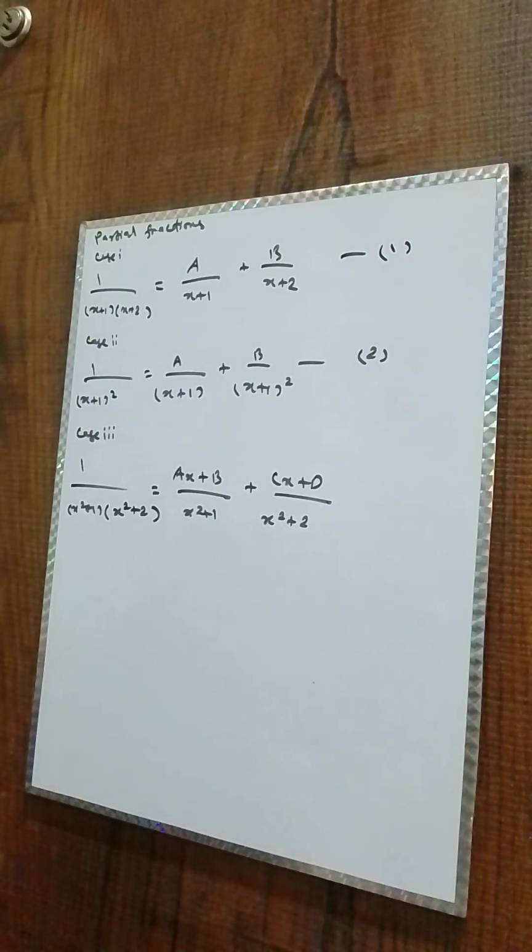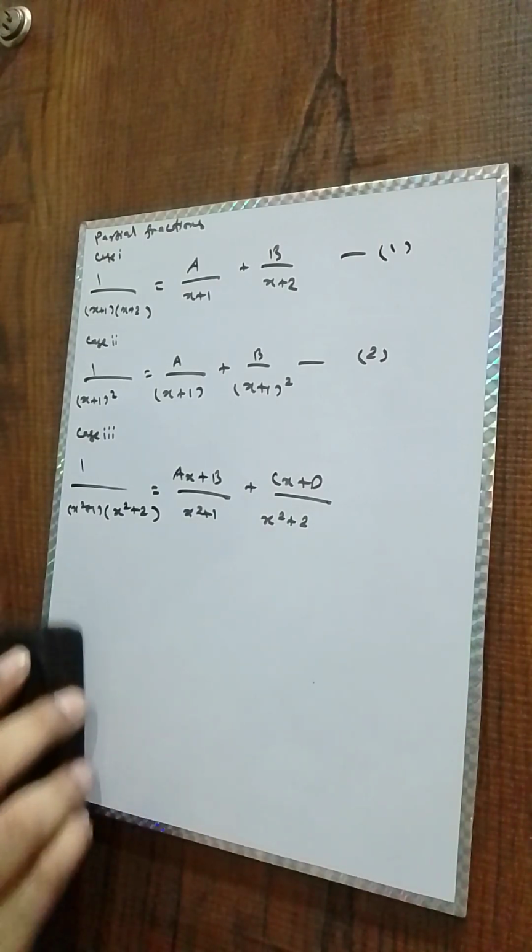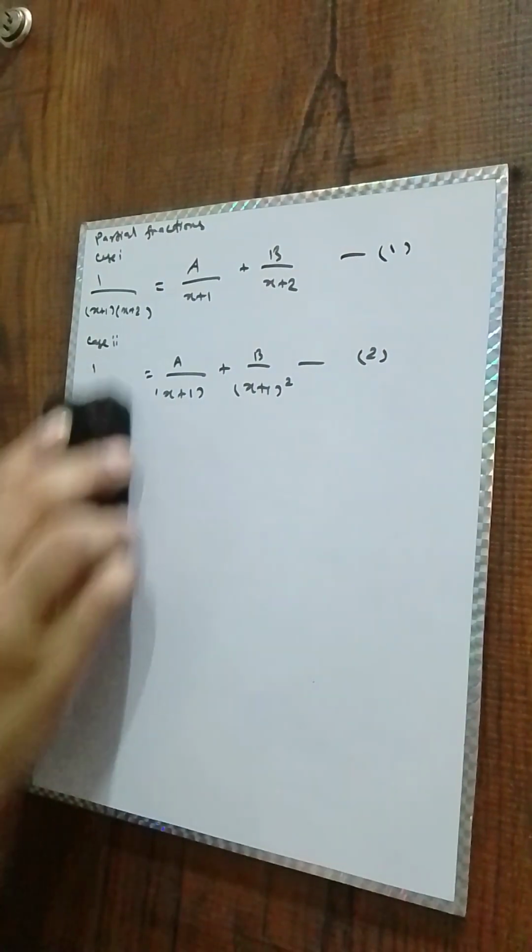Yes, so this is the general opening of the partial fractions. Okay, and so what we can do is we can solve for the first two cases, which are somewhat simple, and then see what happens. Yes, so we have this form.